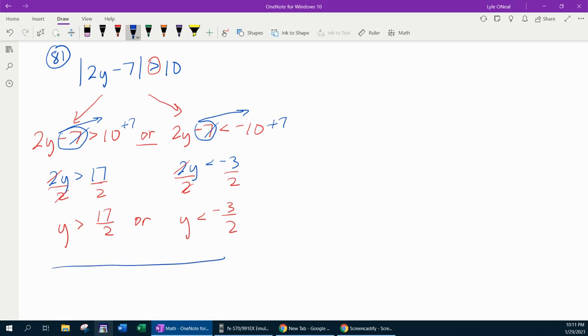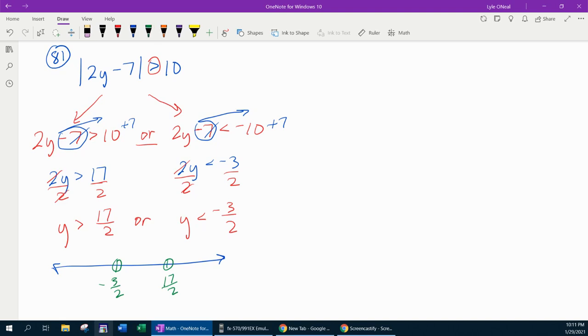Now, to the number line. I've got 2 critical points. Please make sure you put them in the right order. -3 halves on the left, 17 halves on the right. Those are both going to be open circles because we don't have the equal to part of the inequality.